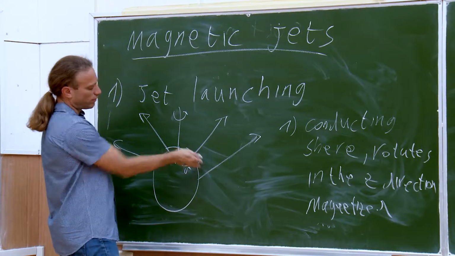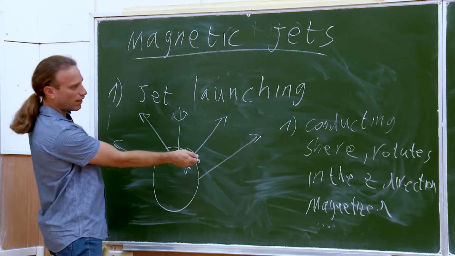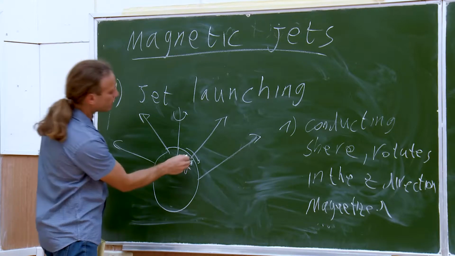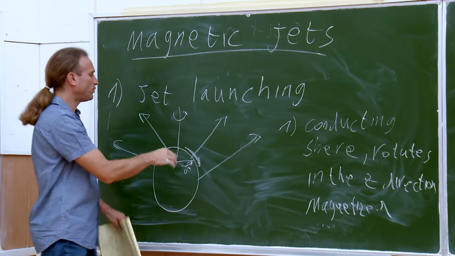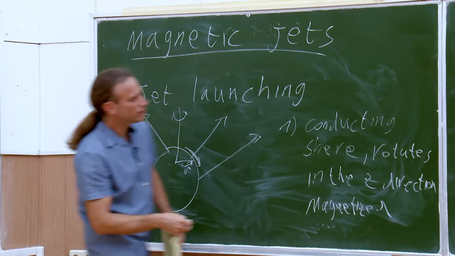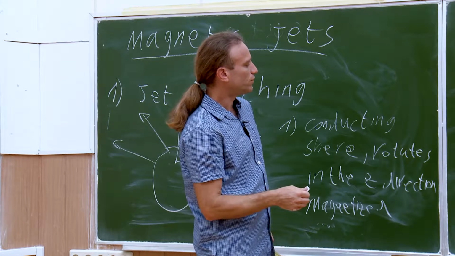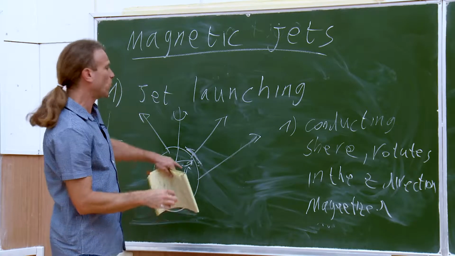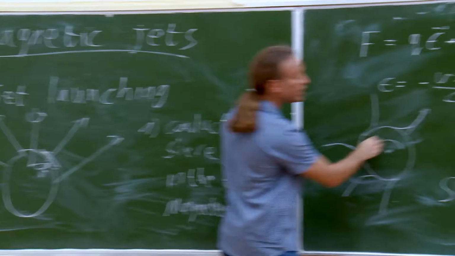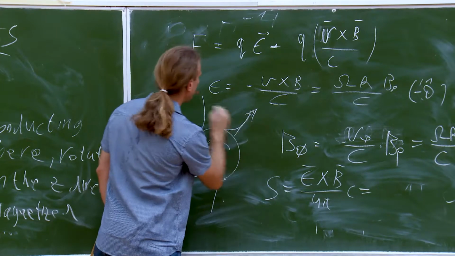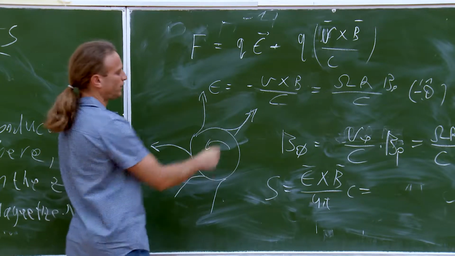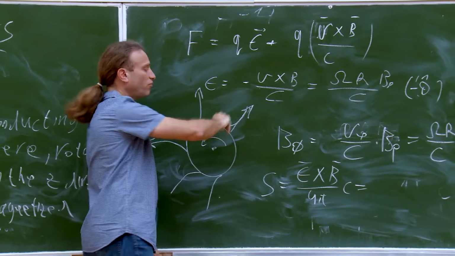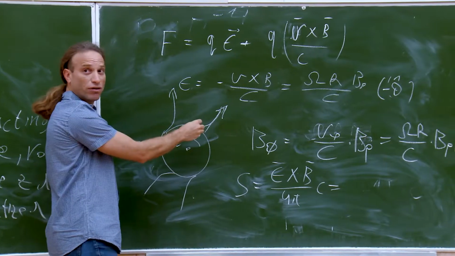Okay, so it's not in the minus, it's in the plus. I did it right. Wait. The directions are very, very confusing here. So if I'm rotating in this direction, magnetic field is sticking out here. So this is the plus phi direction. Again, I'm looking from above. If I'm rotating in this direction, what is the direction of B phi?